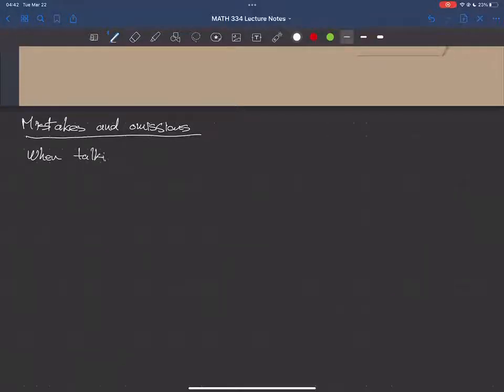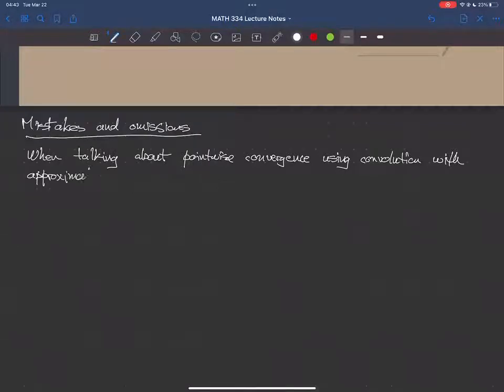So when talking about pointwise convergence using convolution with approximate identities, there's a restriction that one has to put on the approximate identities in order for that pointwise convergence result to hold.